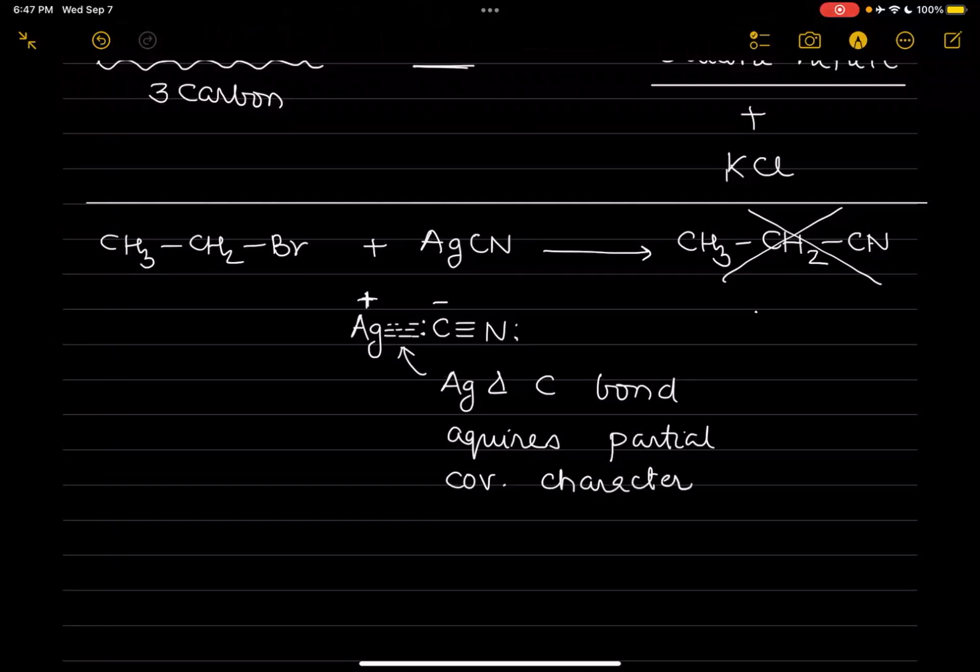Because it pulls the electron pair, there is some overlapping which happens, and due to which the carbon and the silver acquire covalent character.